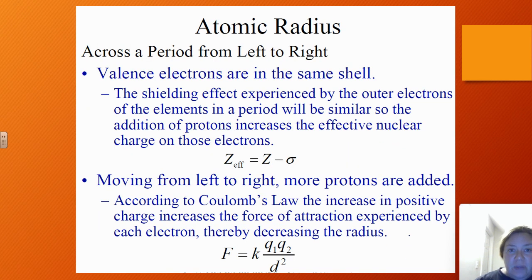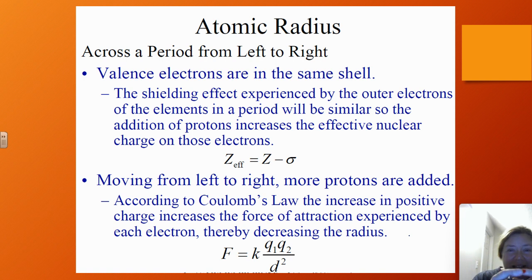So as we go from left to right across the periodic table, remember this one was kind of the weird one, because we said we're adding more electrons in the same energy level, in the same shell, yet we're experiencing a greater effective nuclear charge. The shielding effect will be similar, and as we add more protons to the nucleus, we're going to have more of an effective nuclear charge that pulls those valence electrons in tighter.